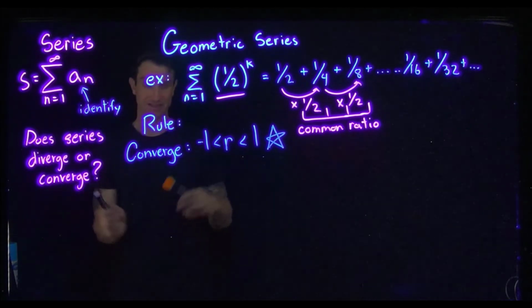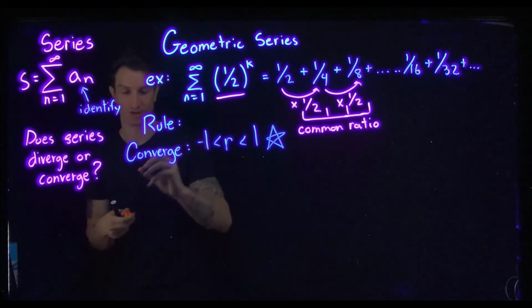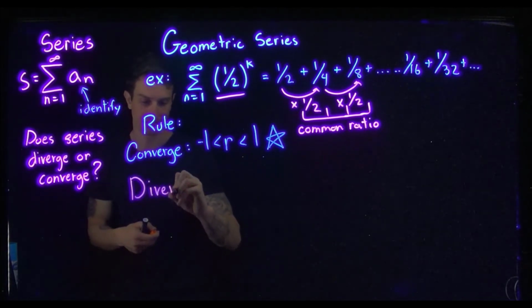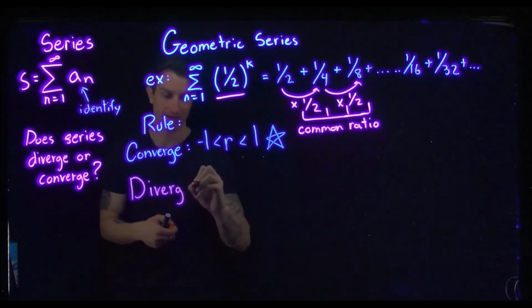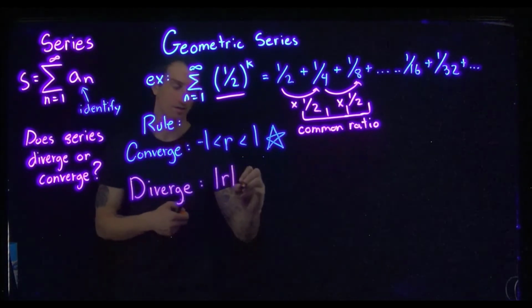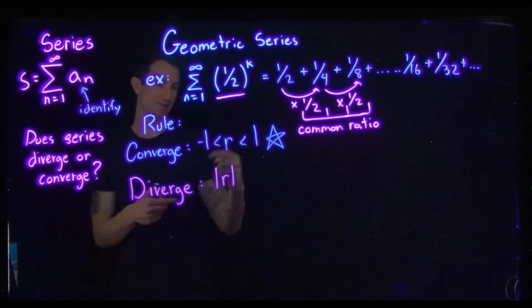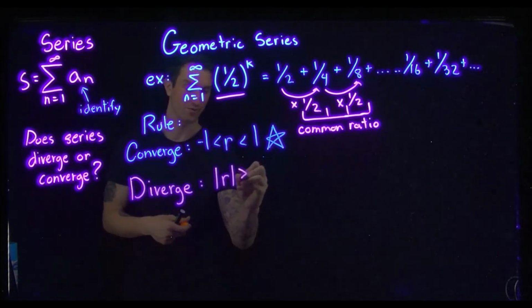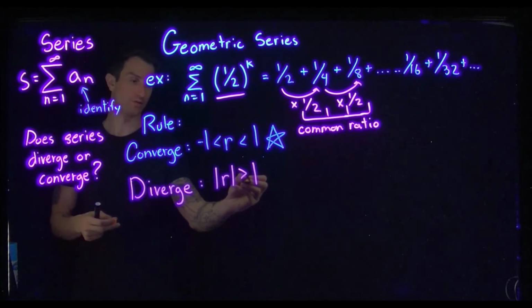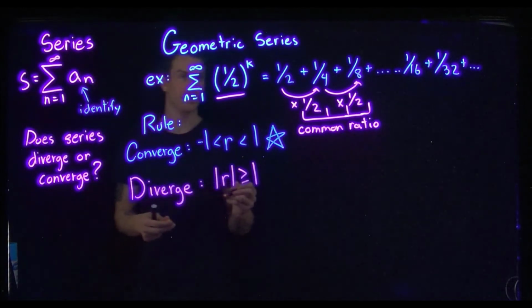All right, so first thing is identifying, does it converge, does it diverge? And so you could guess, right, it diverges if, let's say, the absolute value of r, you could have used absolute values here, is greater than 1. Greater than or equal, I think we want the equals, I'm going to double check on that, equal to 1.